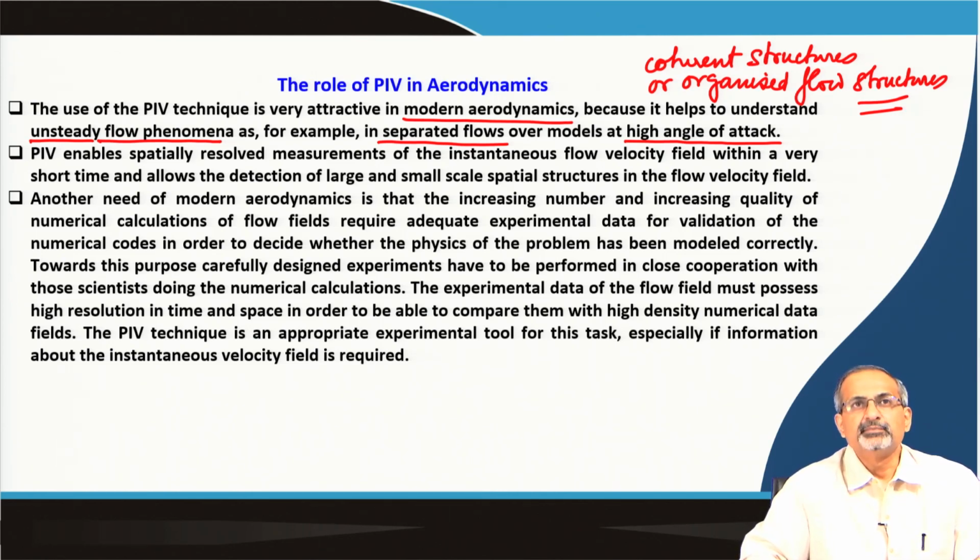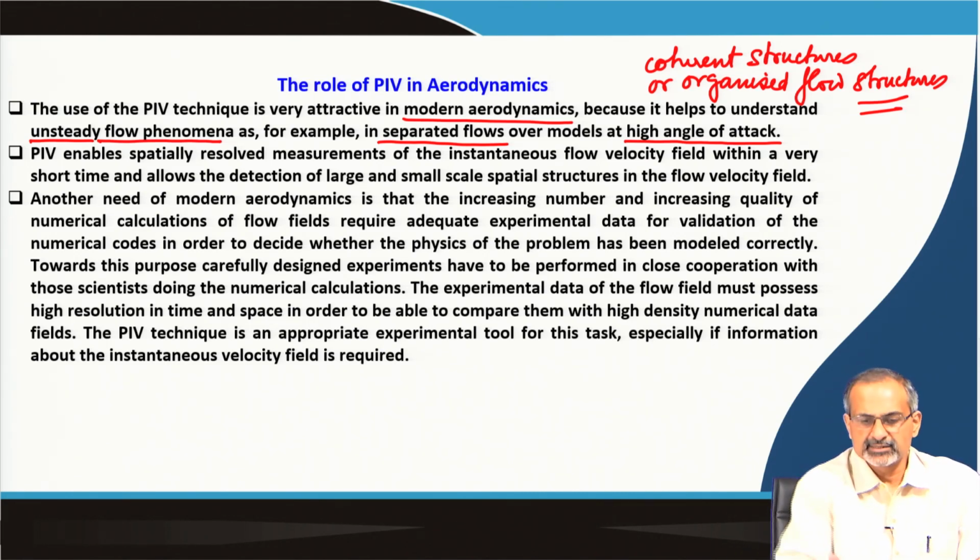PIV enables spatially resolved measurements of the instantaneous flow velocity field within a very short time, and it allows the detection of large and small scale spatial structures. So, the structures are not necessarily only large ones, but a mix of large and small scale structures.